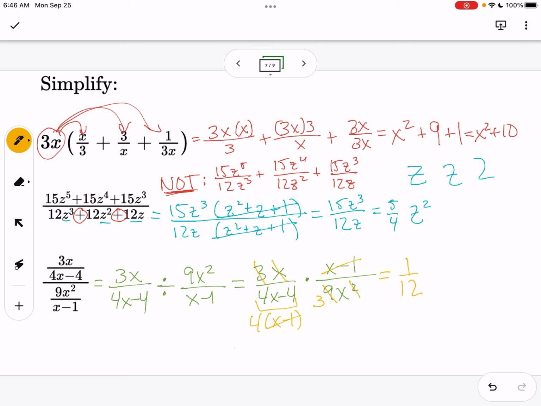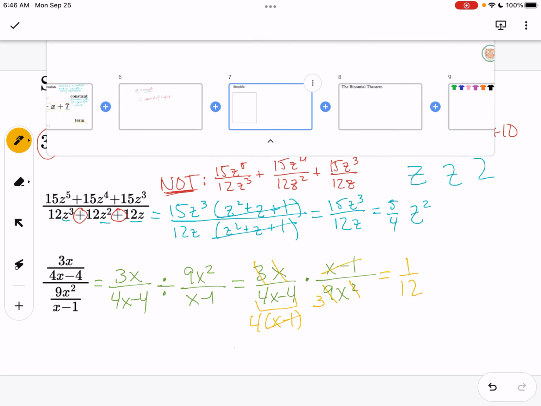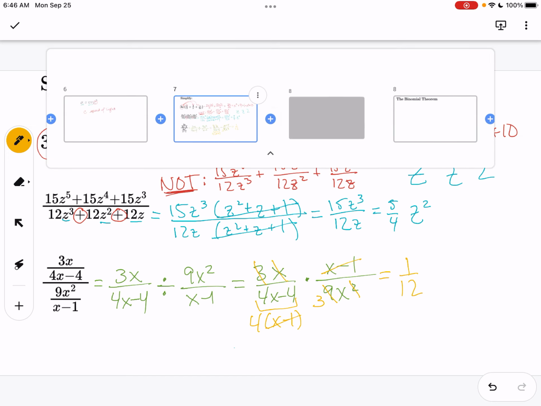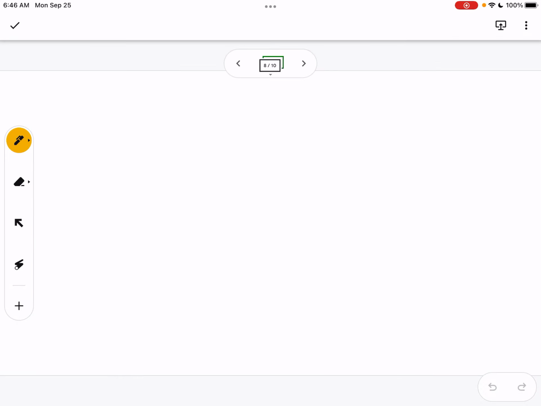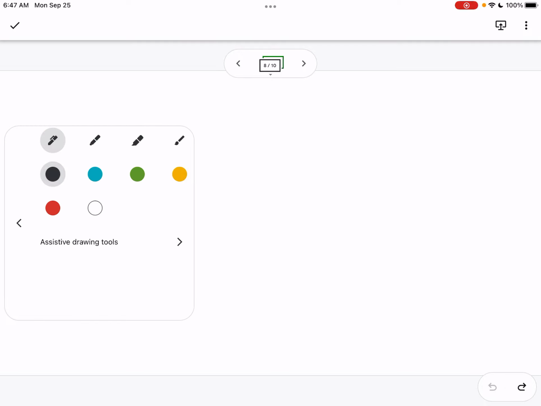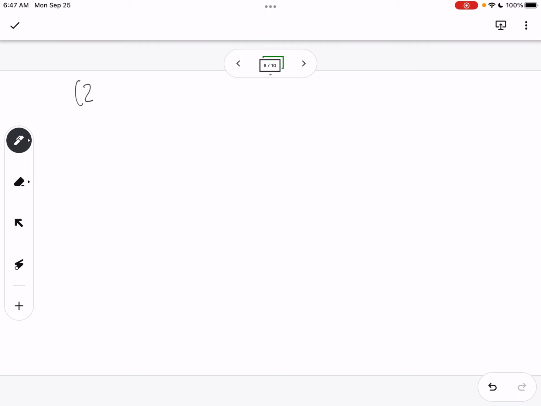So in our last example, we are going to expand and multiply out 2x plus 3 times 5x plus 7.